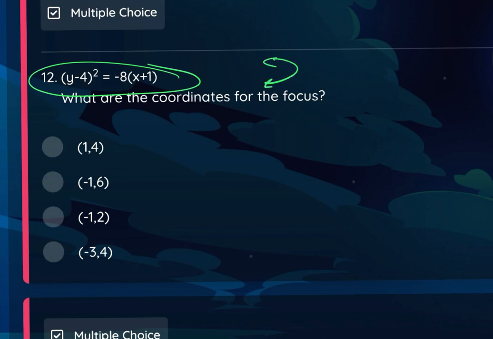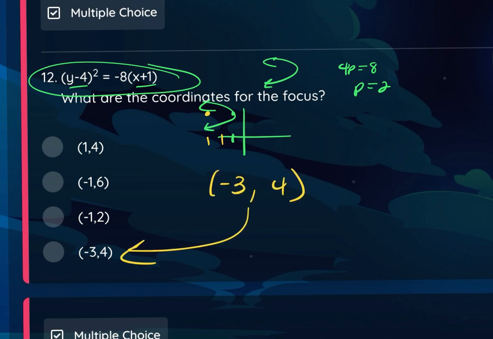Left. Points to the left. So my vertex is -1, 4, because it's opposite of x, opposite of y. And the 4p equals 8, so p is 2. So if it opens this way, the focus is going to be further left. So I go back 2 places, so you're at -3, 4, which was that one.